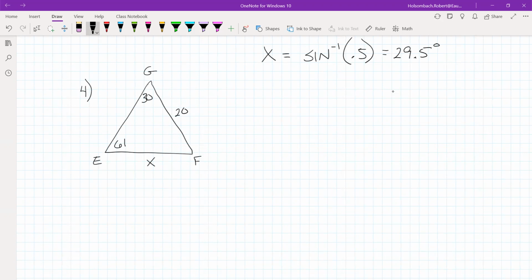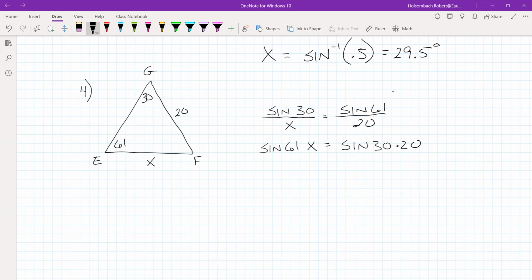So this is sine 30 over X is equal to sine 61 over 20. Same process. Sine 61 X equals sine 30 times 20. Going to divide both sides by sine 61.